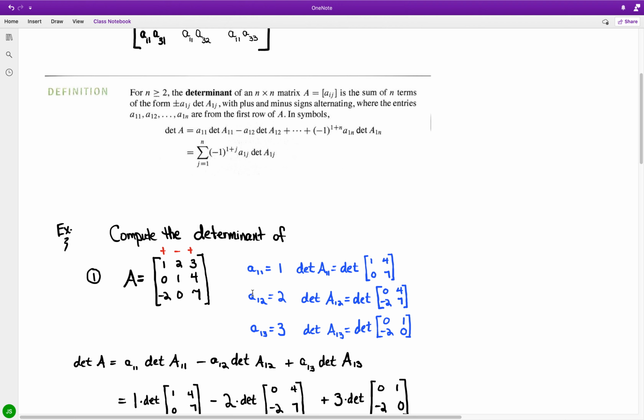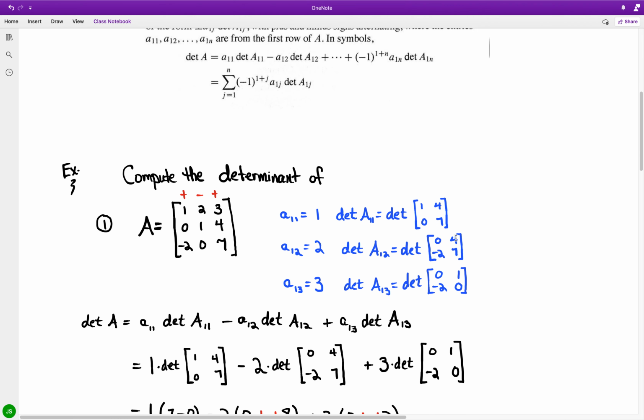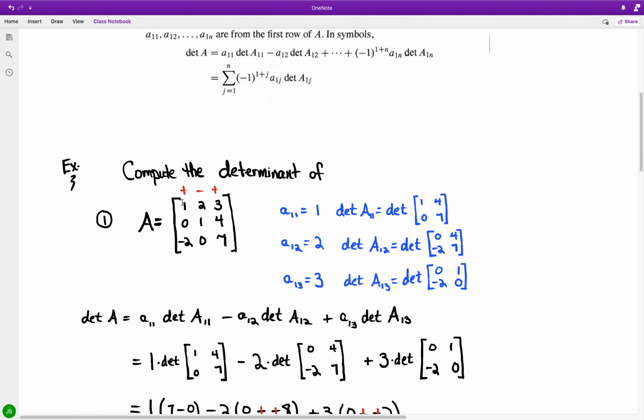negative 2, 0, 7. From the top row, A11 is the first element, so we have 1. A12 is the second, which is 2, and A13 is 3. Now, corresponding to A11 equal to 1, if I'm looking for the determinant of A11, I'm going to have a 2 by 2 matrix formed outside the same row and the same column position as the 1.